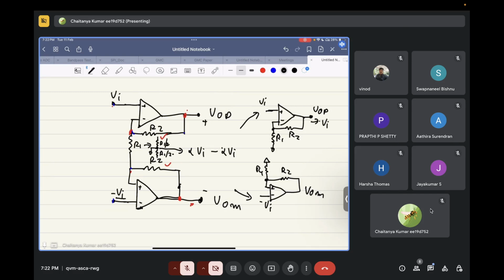This is Vi times 1 plus R2 by R1, and this is minus Vi times 1 plus R2 by R1, and their overall potential will be 2 Vi times 1 plus R2 by R1. Now this will go to the second stage, and from there you will get the final output. Is this clear?